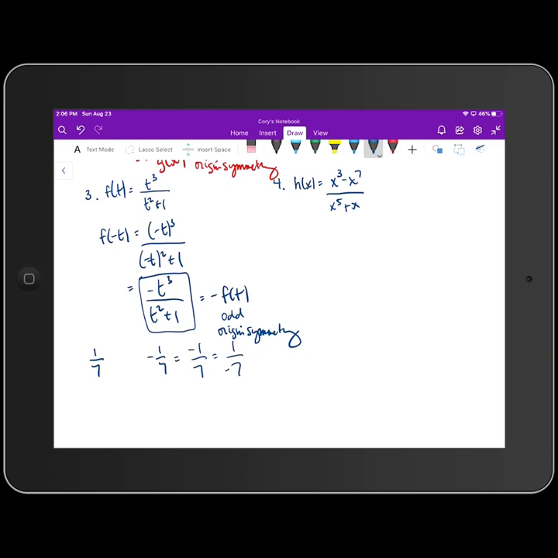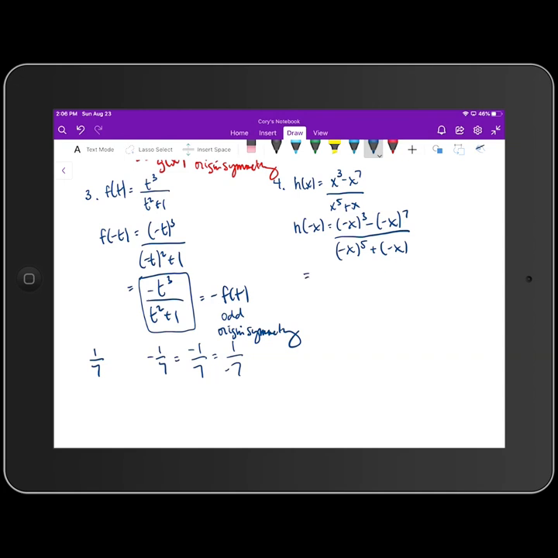Okay, let's look at 4. For 4, we're given h of x equal to x cubed minus x to the 7th power over x to the 5th power plus x. To test to see if the function is even, odd, or neither, we're going to take the opposite of the input value, which is going to make this become negative x quantity cubed minus negative x raised to the 7th power over negative x raised to the 5th power plus negative x.